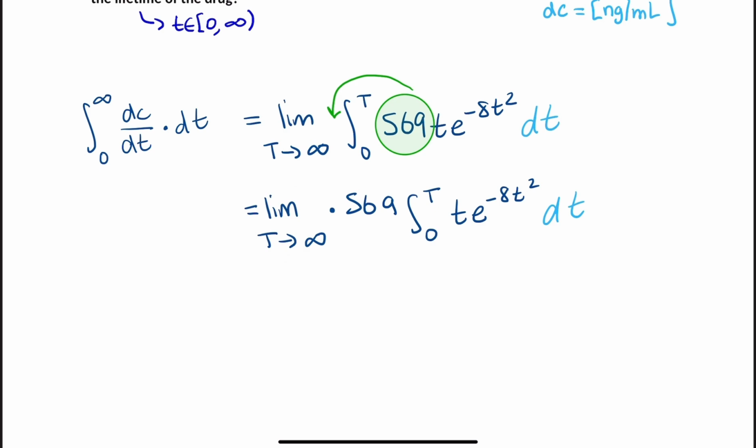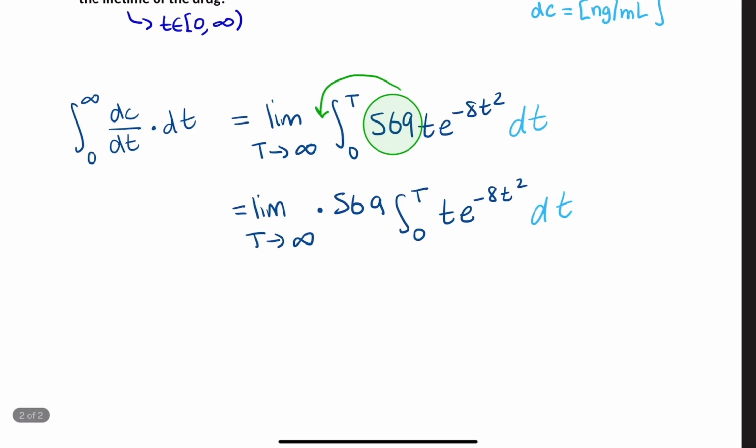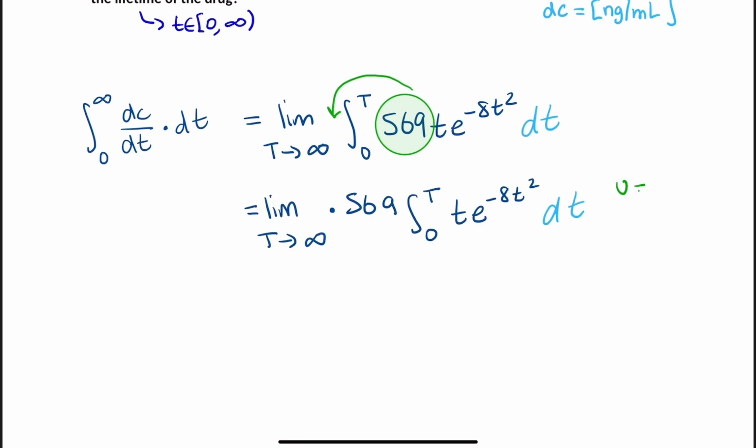And so now I want to evaluate this integral right here. However, right now I can't do that because this t is causing some issues. I want to get rid of it somehow, and to do that we could use u substitution. We could do that by setting u equal to the exponent. And why the exponent?